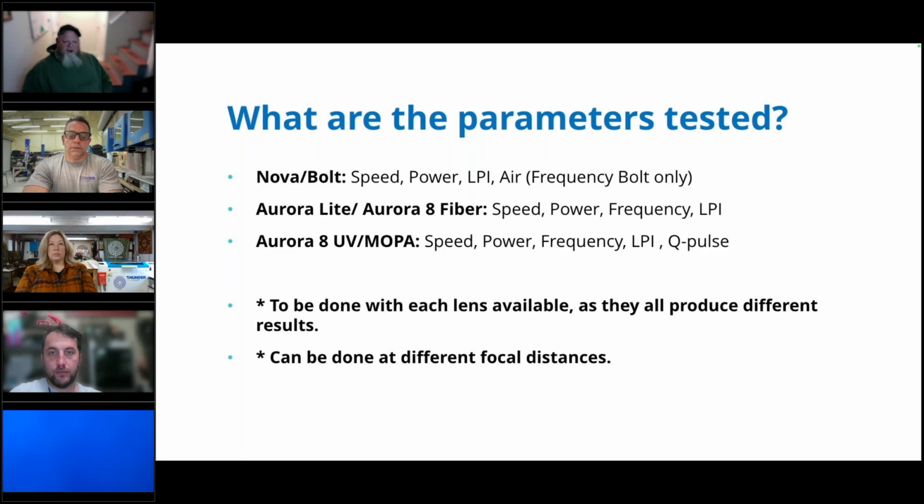Please correct me if I'm wrong. It's 1 to 25 kilohertz on the Bolt? Yes, on the Bolt with the Bolt Basic, correct. And then when you start getting into the Bolt Pros, I believe it's 1 to 200.